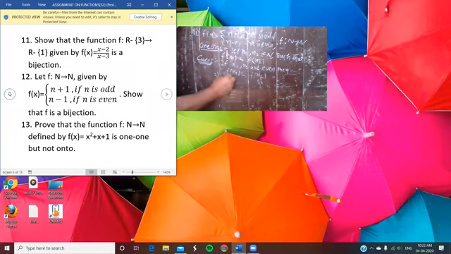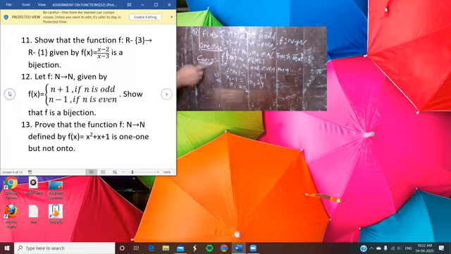So n1 minus 1 is equal to n2 minus 1. 1 is cancelled from both sides, and finally you have n1 is equal to n2. So the condition is satisfied for the one-one function. Now come to the second case.